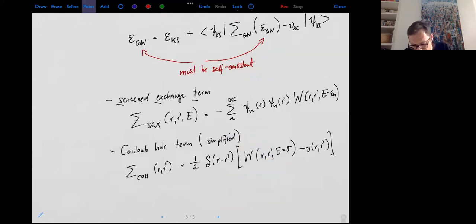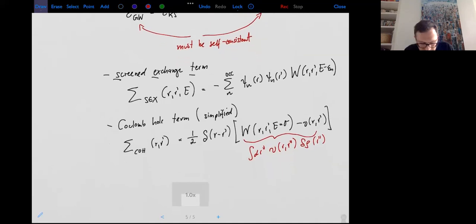Right, so this guy here is basically, right? So this is a local potential. And what does it describe? It basically gives the potential at the position of the electron created by this polarization charge.